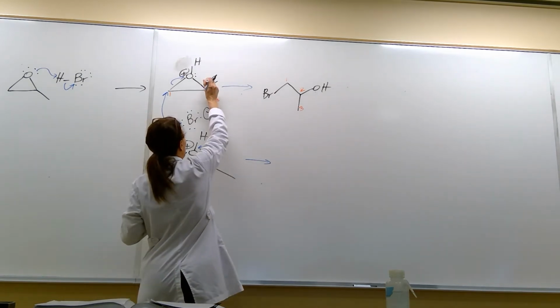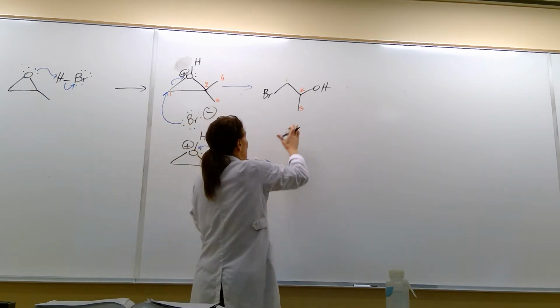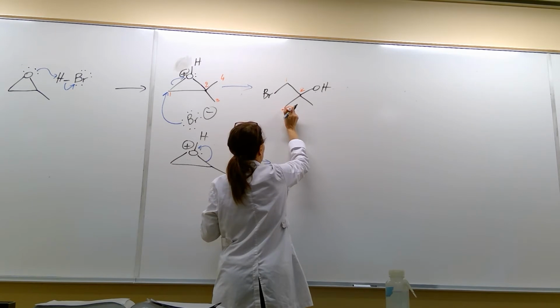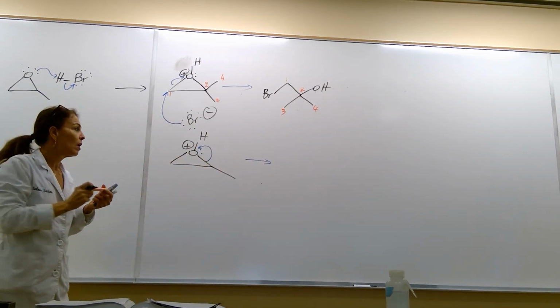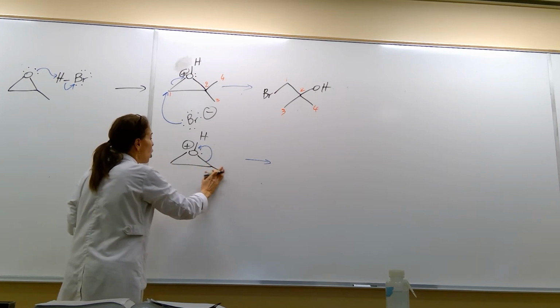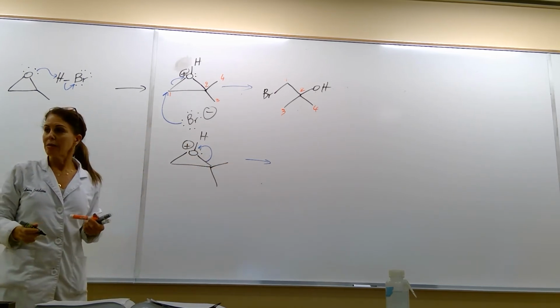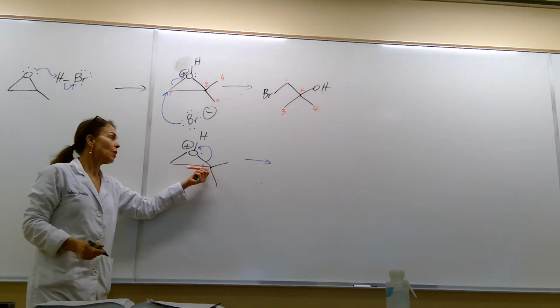So we have here 2, 3, 4. So here, I'm gonna have this, okay? 3 and 4. Is everybody with me? Now, if I have 2 carbons here, and that opens, what do we get? This one would be what? Tertiary.